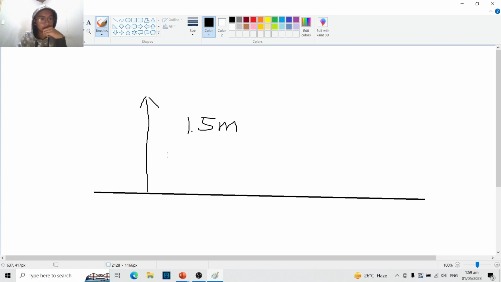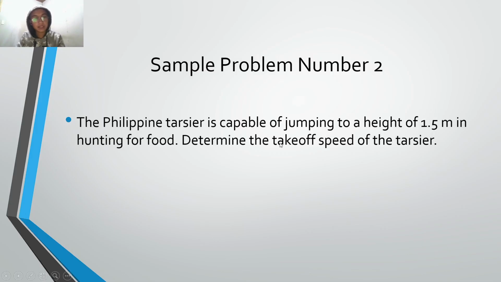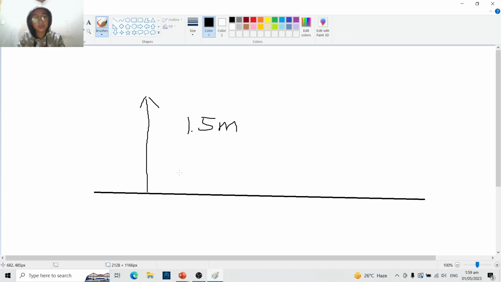What we are asked is the take-off speed, which from the ground is the initial velocity.